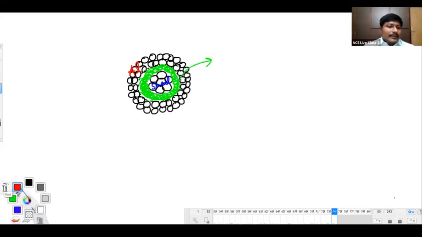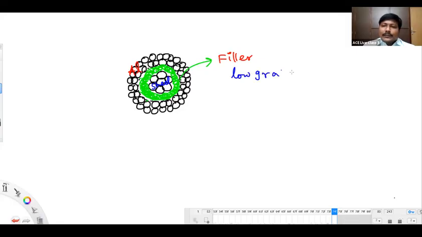That light green that I've shown there is a filler material, and it's a low-grade insulator. It may be Hessian material sometimes or jute.